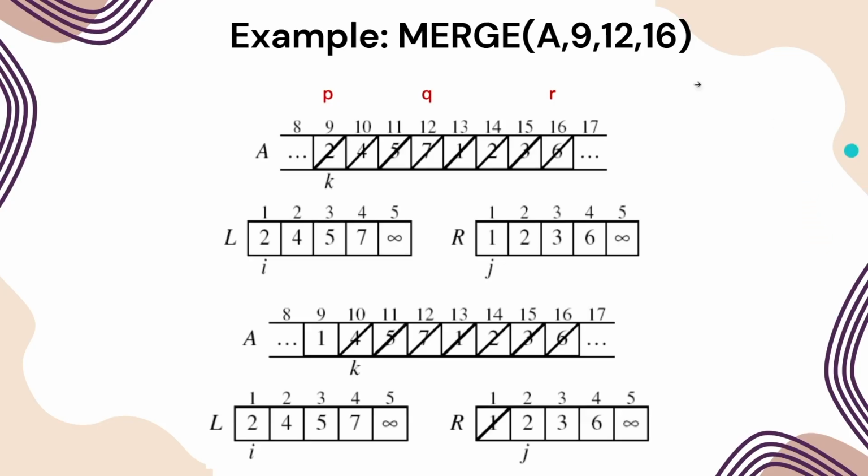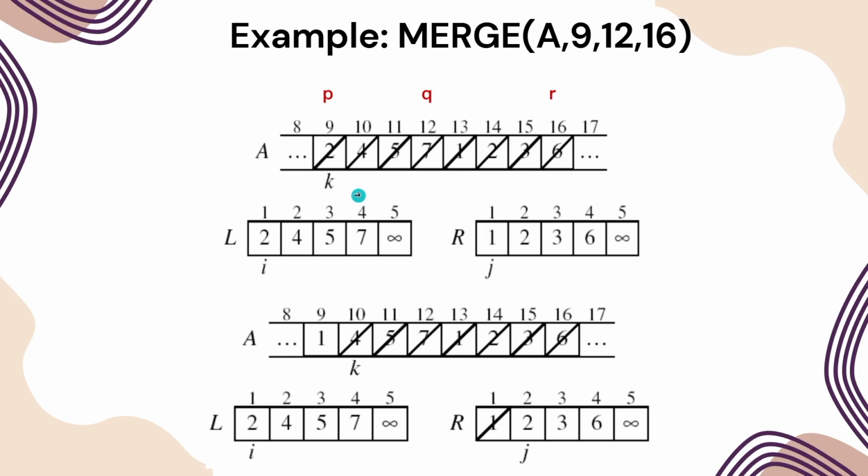So, for simplicity's sake, I have shown you one subpartition, and we will check how it works with this subpartition. We are focusing our attention on one portion of an array where the starting index is 9, the ending index is 16, and the middle position, that is Q, is 12, right.